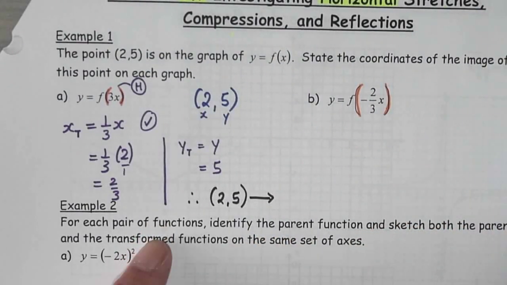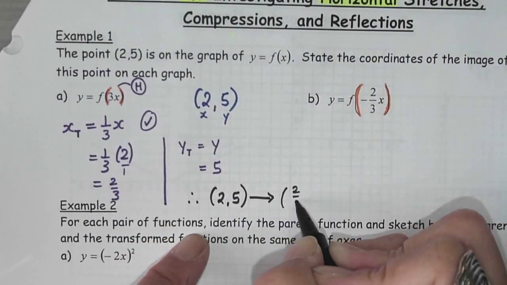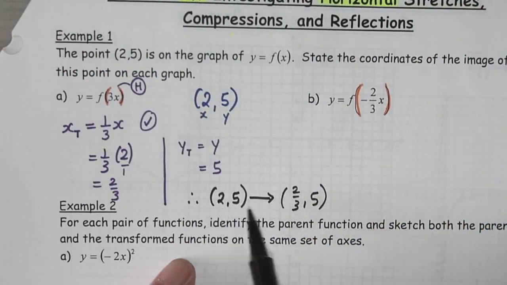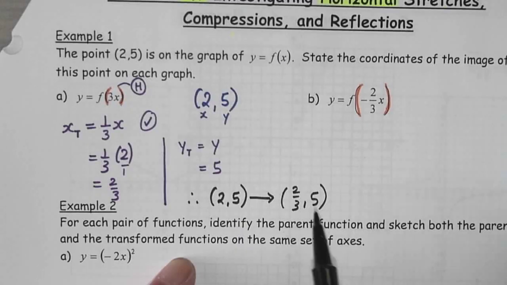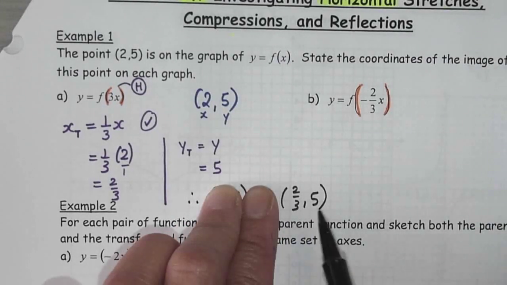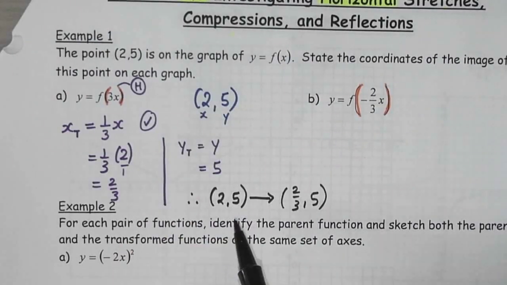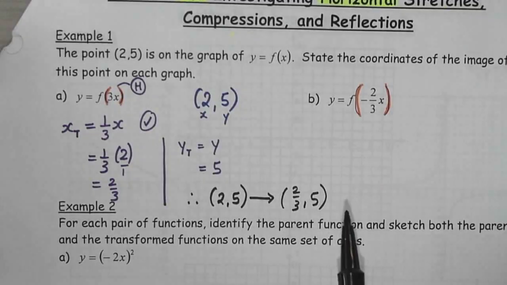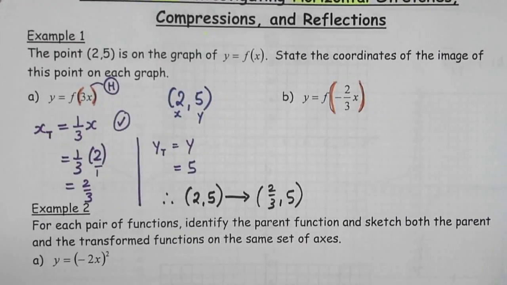You can put an arrow, and it's being mapped to (2/3, 5). So this point has now been transformed to here. You don't have to put the arrow; if you want, just put therefore (2/3, 5), that's fine. It's an arrow, not equals, so it's been mapped there.